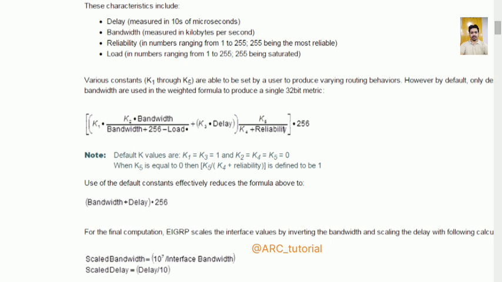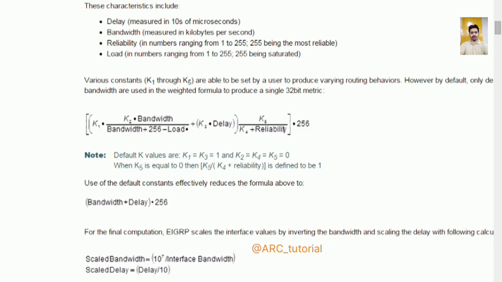So along with bandwidth and delay, you will also be using these metric weights for its metric calculation. However, in the previous formula, I didn't use any K value. But in this actual formula, you will be using all K values.